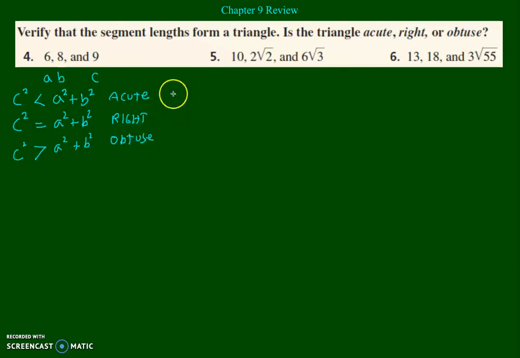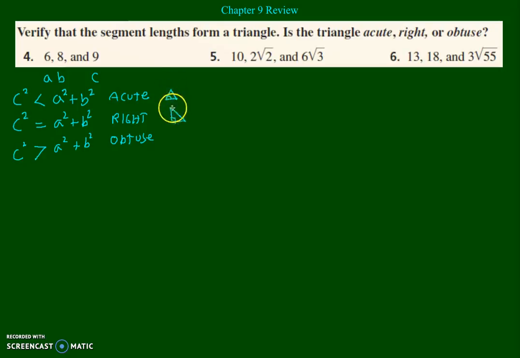The reason for that is if you have a right triangle with a right angle, the square of this side must be equal to the sum of the squares of these. If this side is less than, then we're going to have a situation where it's doing this.